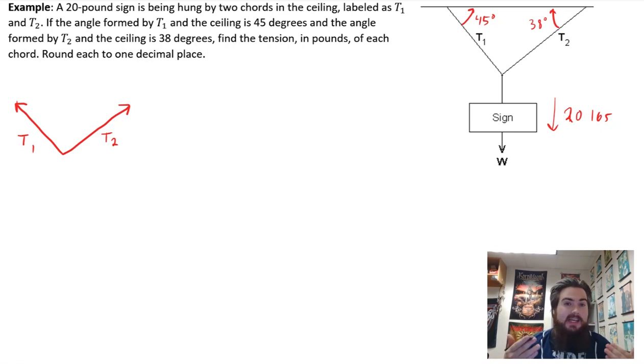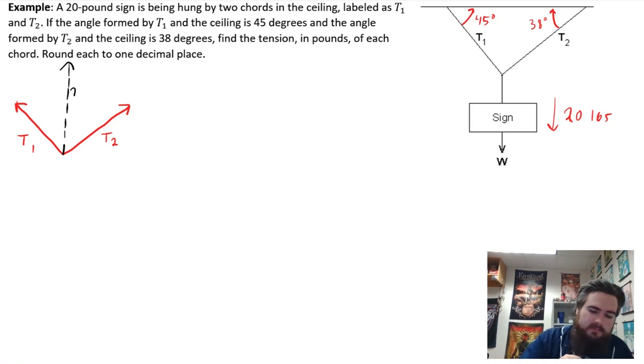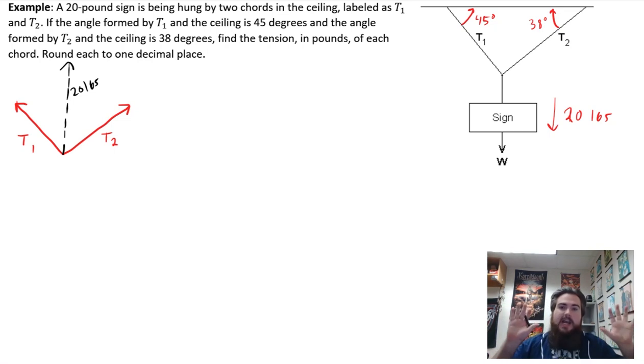But because it is, what that means is that the resultant of these two tension cables should be sufficient to hold up 20 pounds upward towards the ceiling. Note that I have 20 pounds represented as moving upward because in this case these tension cables are holding the sign up.